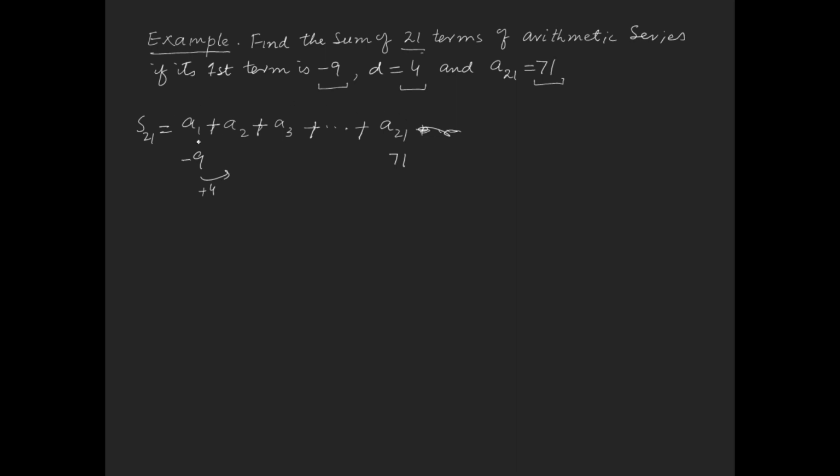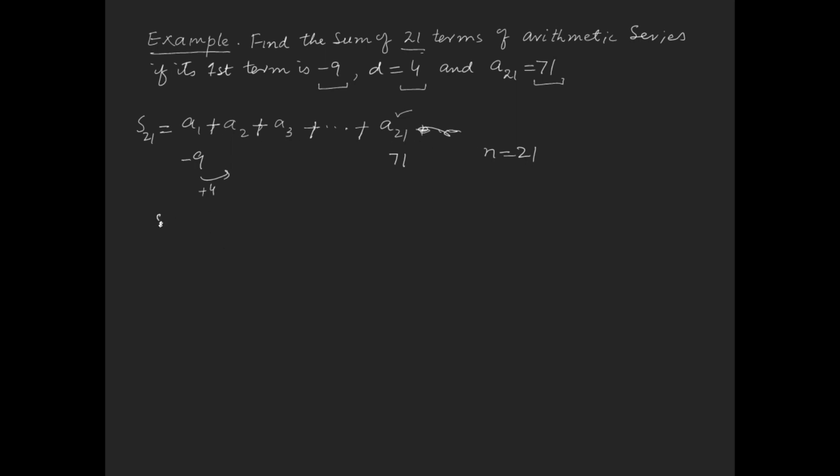Up till here this is a finite series and we are asked to find the sum of this series, in which the first term is minus 9, the common difference is 4, and the last term, that is the 21st term, is 71. So n is 21 because we are finding the sum of the first 21 terms.